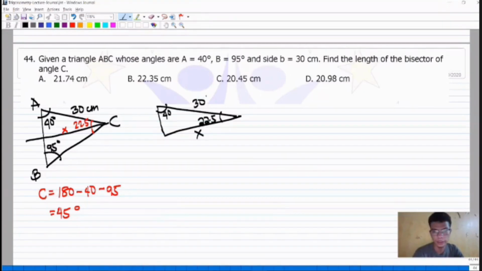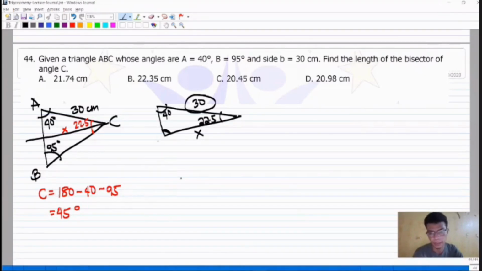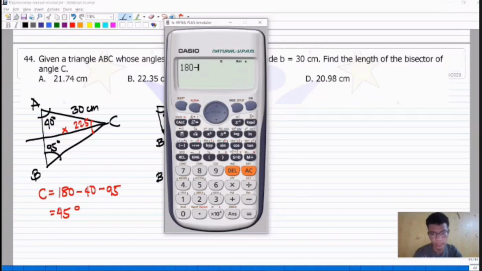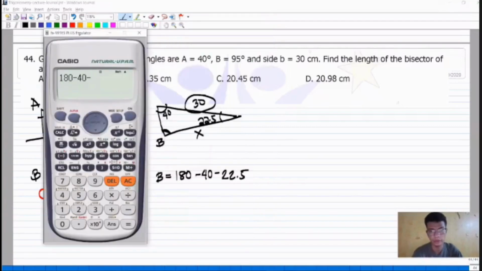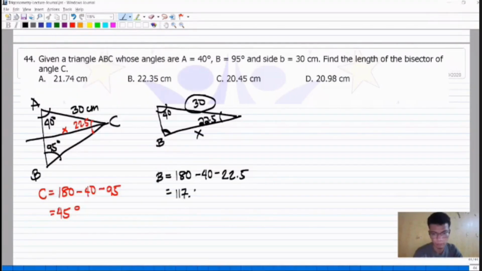Since si 30 ang mayroong value na side, kailangan alam natin yung angle na to. Madali lang ulit. Sabihin natin angle B will be 180 minus 40 minus 22.5, and the angle is 117.5.